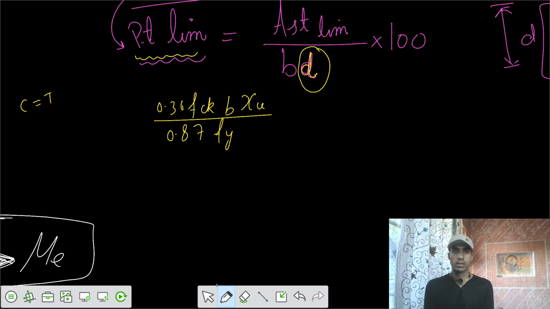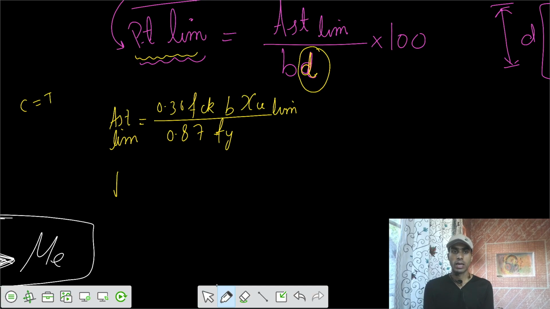If I want AST limiting, you have to keep XU as XU limiting. All other parameters you can't change. Only the location of the neutral axis changes, and that gives AST limiting.